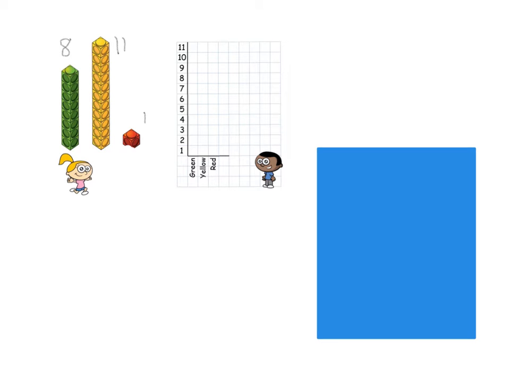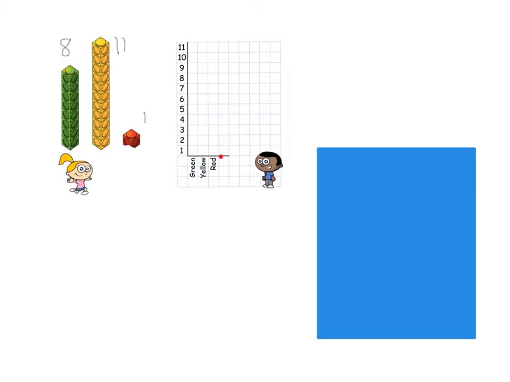Okay, let's see if we can make a block diagram. We're going to do it on squared paper, like you can see here. For a block diagram, we need a nice straight line going up the side of the paper, and a nice straight line going across the bottom.